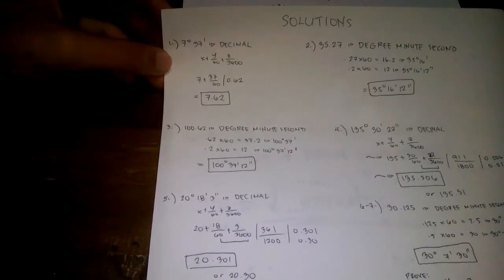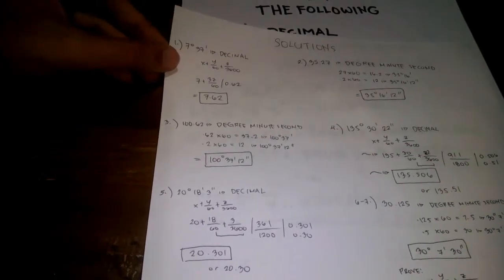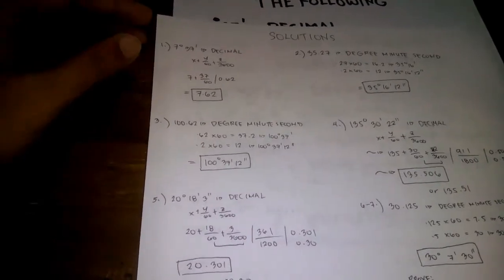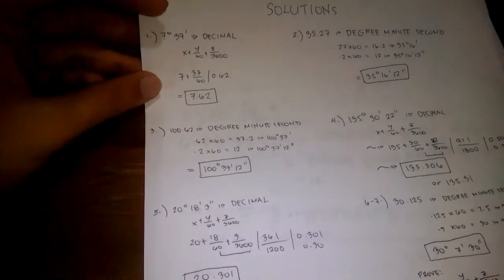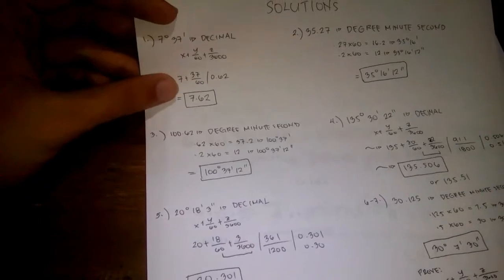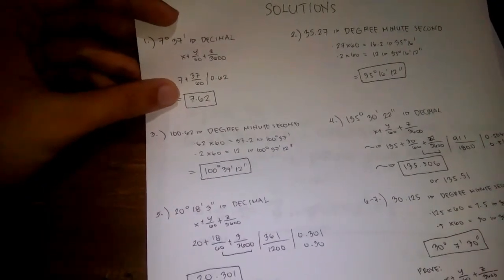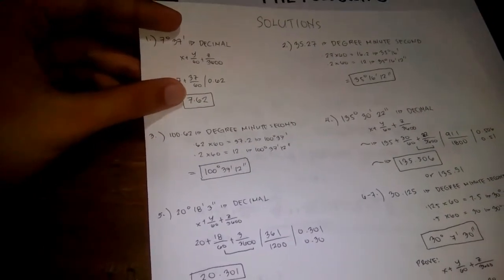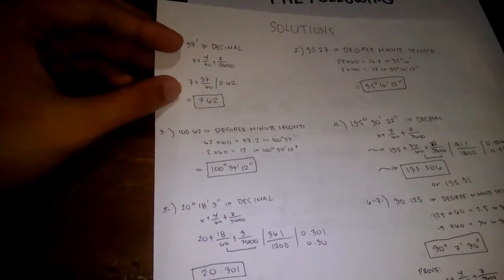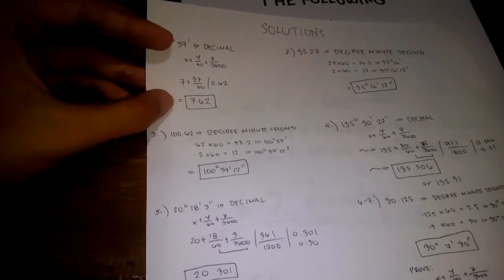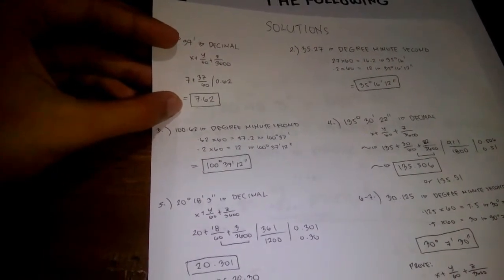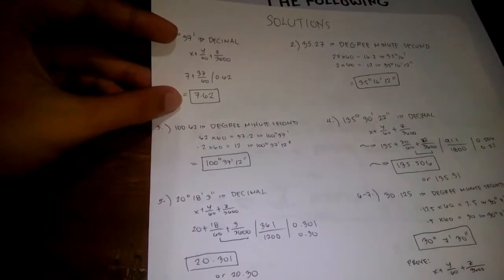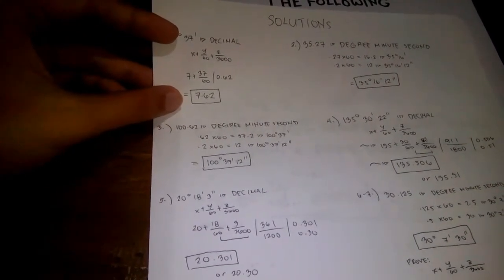Our given here is only y, so we will only be using x plus y over 60. Substitute: 7 plus 37 over 60. Convert 37 over 60 to decimal, which is 0.62. Then add the whole number 7 and 0.62, which will result to 7.62. Did we have the same answer, guys? Well, if we have, then good.